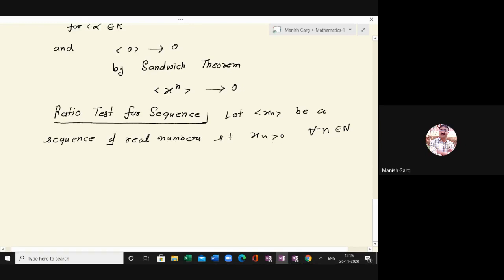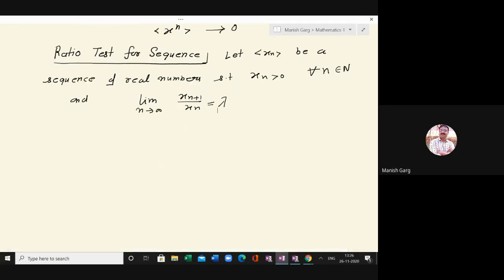This is compulsory. And you need to find the limit as n tends to infinity of xn plus 1 over xn, equal to lambda. If you have a sequence xn of positive terms, find the limit of this. If it exists, lambda I am writing, it means it exists.